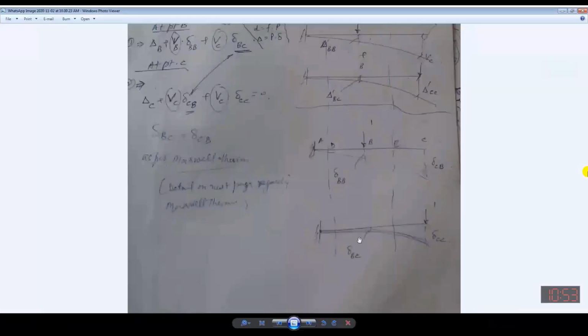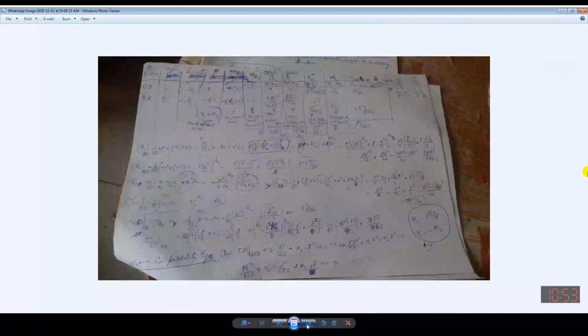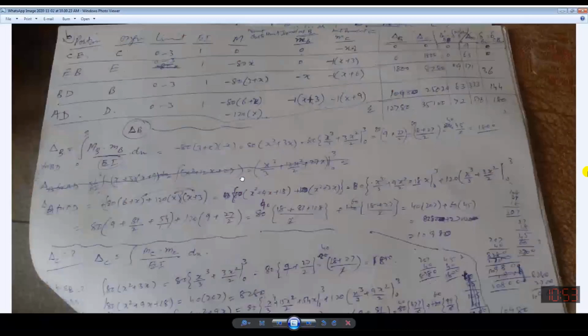Now the solution procedure that is given on the next pages. This is the solution of this numerical. Everybody is required to prepare this table.